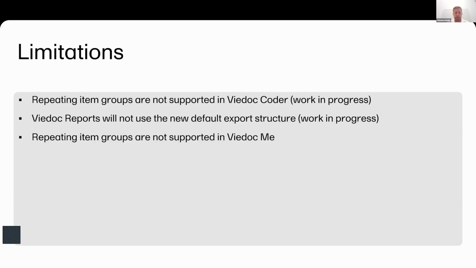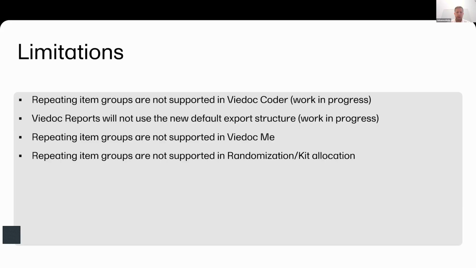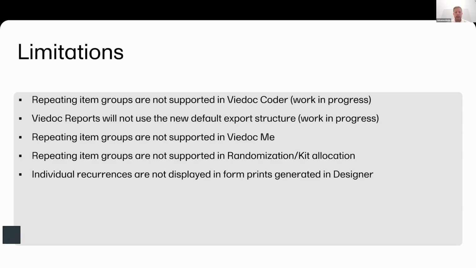Next, repeating item groups are not supported in Viedoc Me. You can also not use repeating item groups in randomization or kit allocation. And then, as I mentioned when I was logged into Designer, you will not be able to see individual recurrences of the repeating item groups in form prints.